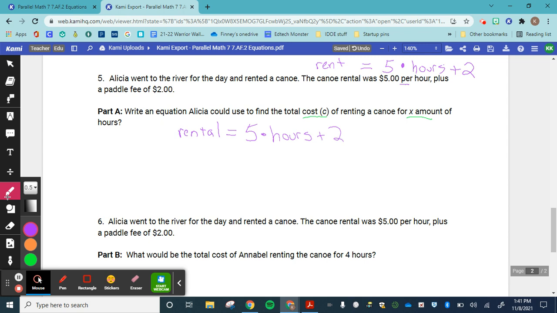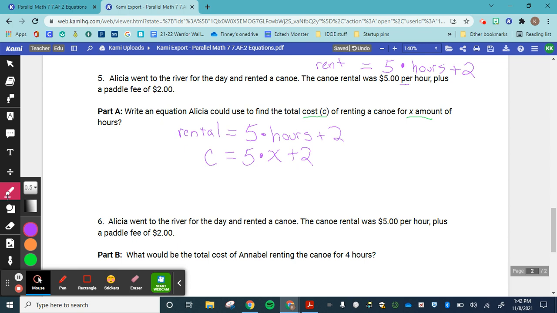So they tell me to use total cost of C. So that's the cost of the rental here. So I replace that with C equals 5 times, and now the number of hours, well, they tell us to use X amount of hours. So I just put an X there instead of my hours, and then plus 2.